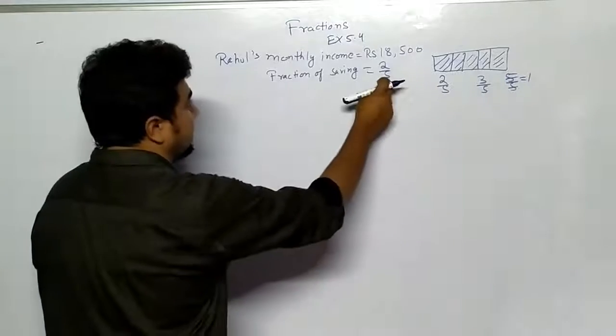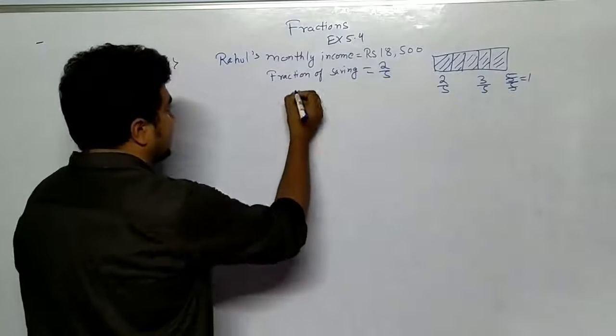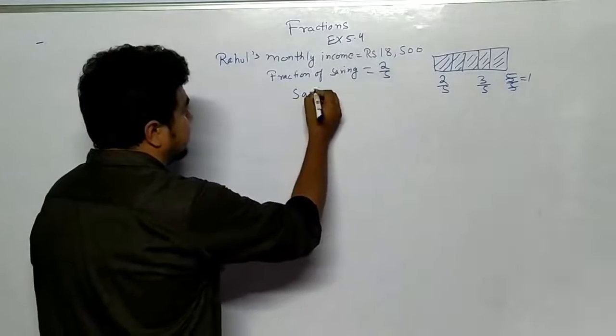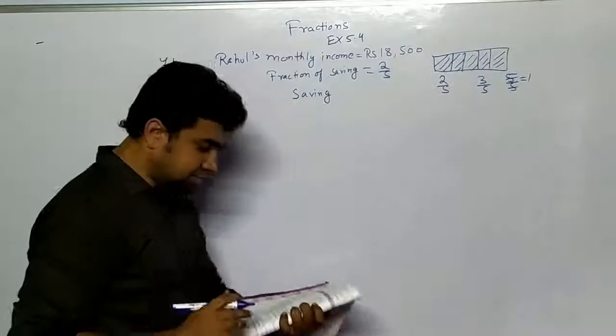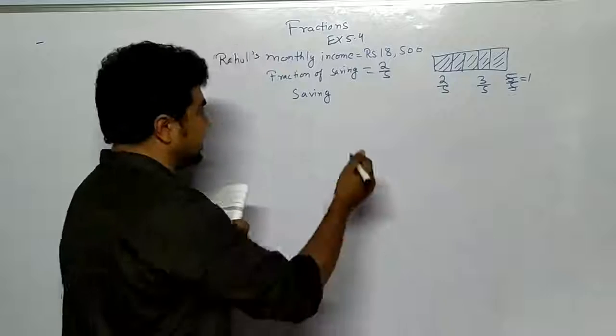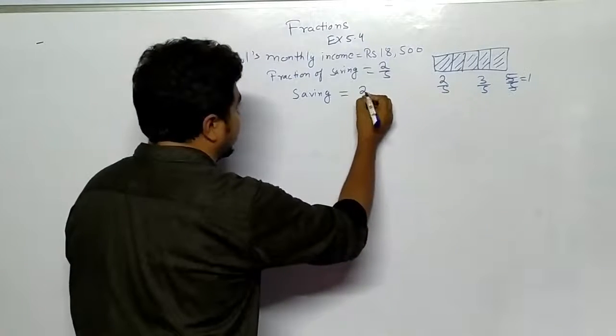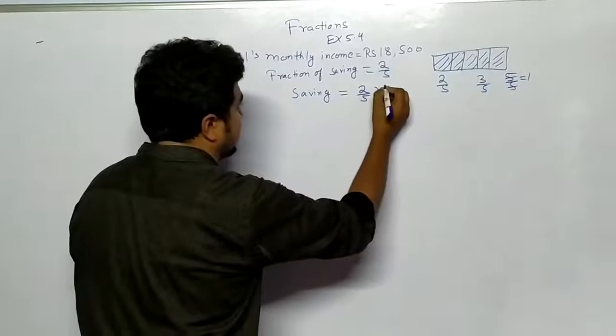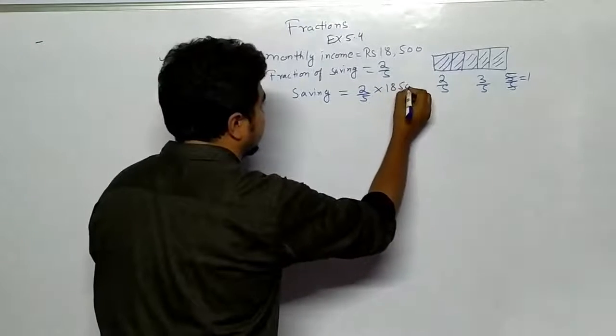So saving in fraction is 2 by 5. If I have to find the amount, as the question states that saving is 2 by 5th of his monthly salary, saving will be equal to 2 by 5 into 18,500.